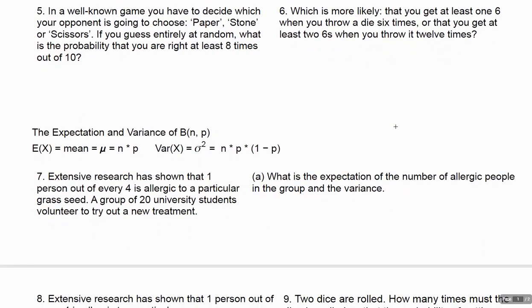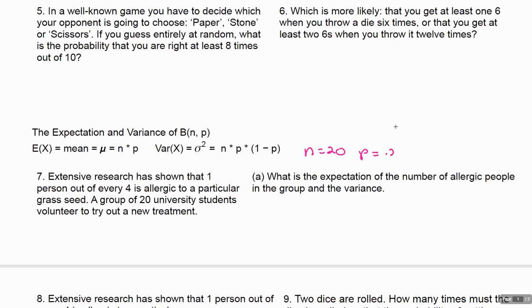The expectations, number 7. All right, so in a binomial distribution, all you got to do is multiply the number of trials times the probability of success to get the expected value. So for number 7, what's the number of trials? 20. And what's the probability of success? 1/4, or 0.25.